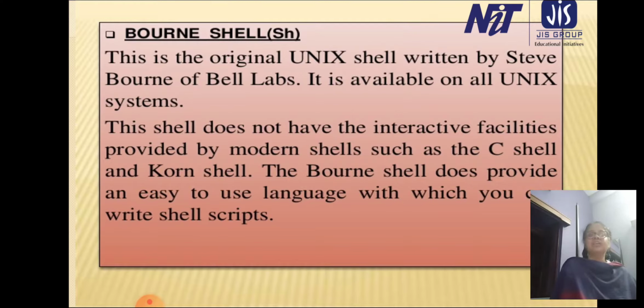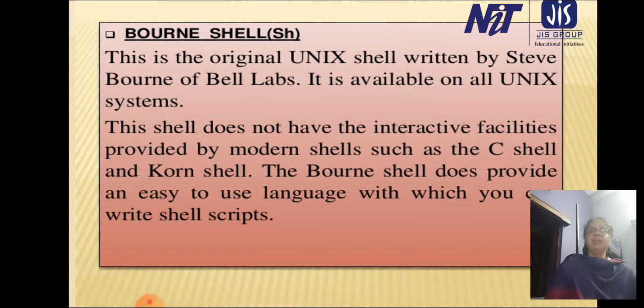It lacks features for interactive use like the ability to recall previous commands. It also lacks built-in arithmetic and logical expression handling. It is the default shell for Solaris operating systems.